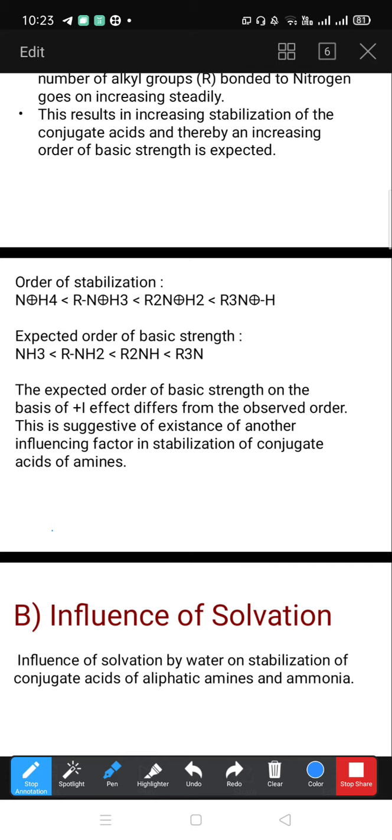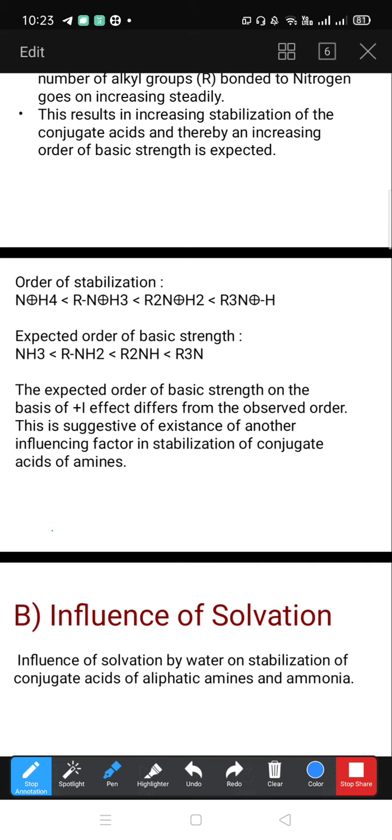less than that of the tertiary ammonium ion R3NH plus. And the observed basic strength is somewhat different, that is, ammonia is less basic than RNH2, less than R2NH, less than R3N.